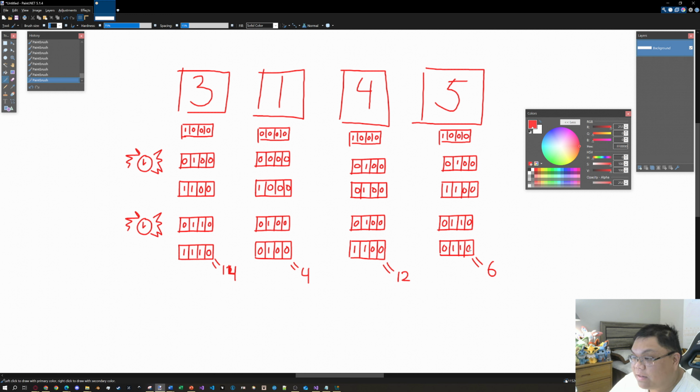This is 6, so that is no 1s, 1, 2, 1, 4, and no 8s. This is 12 because no 1s, no 2s, 1, 4, and then 1, 8. And this is 14 because no 1s, 1, 2, 1, 4, 1, 8. So that is 2 plus 4 plus 8. That is 12 plus 2, which is 14. That means page 1 is the page that gets replaced if we need to select the page for page replacement. So that is the trick.